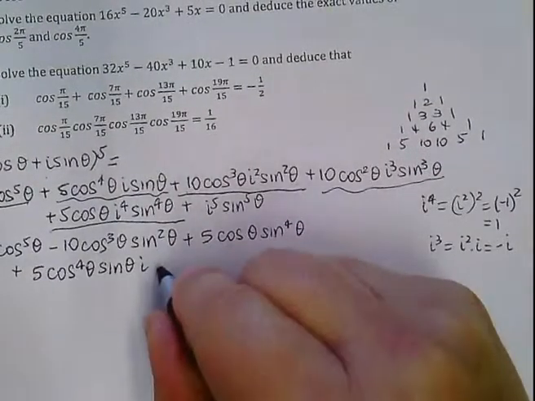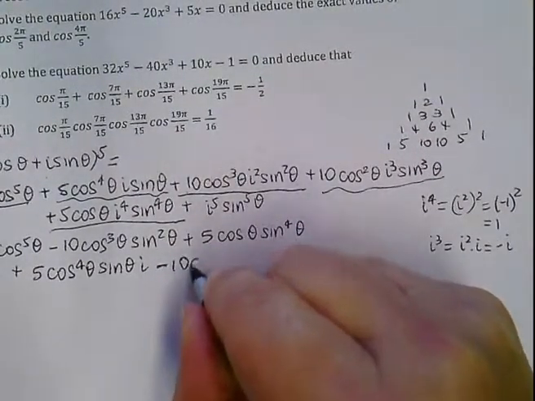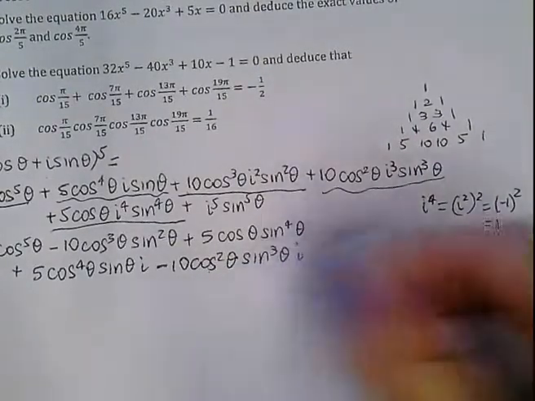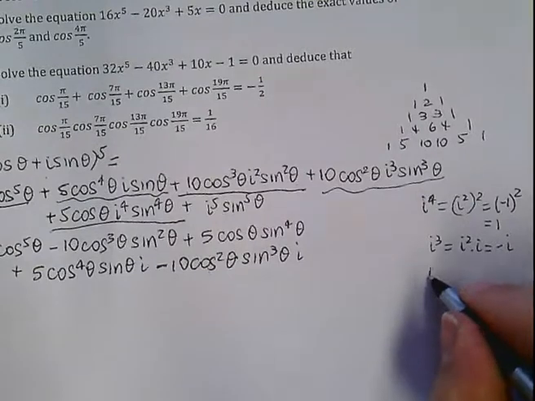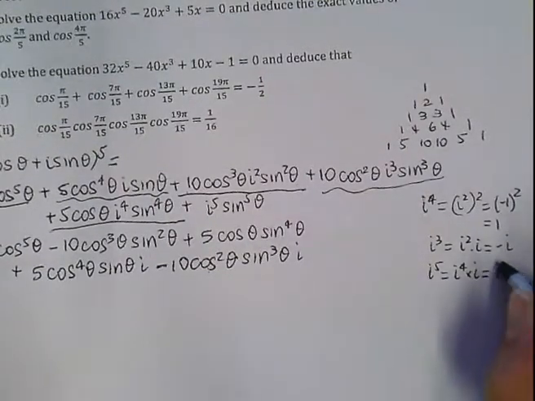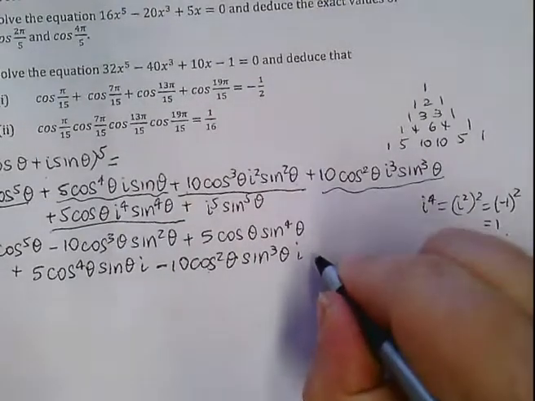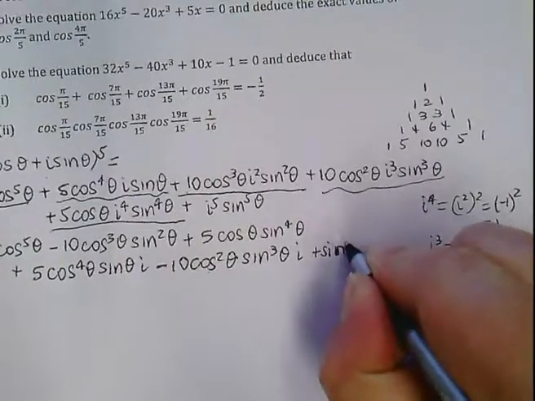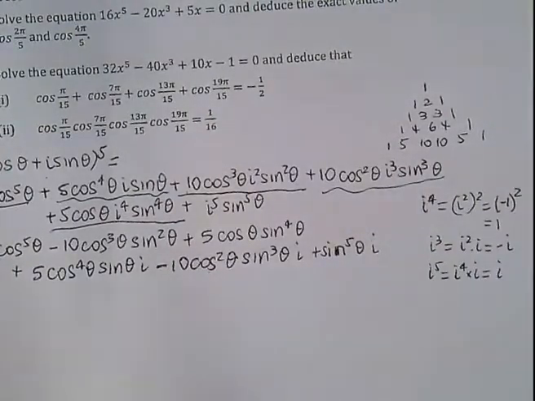So we've got minus 10 cos squared theta sine cubed theta i. And this last one here, i to the power of 5 is i to the power of 4 times i, which is just i, because it's 1 times i. So we've got plus sine to the power of 5 theta i.